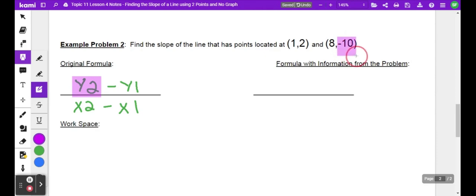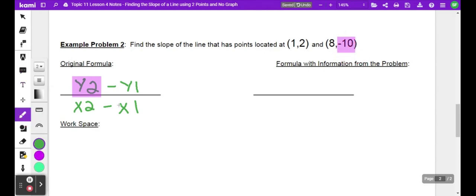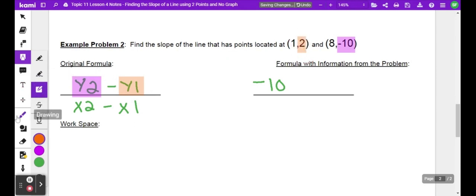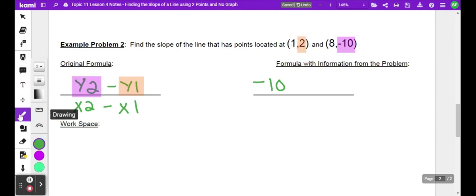And in this example, that value is going to be negative 10. y1 was in orange, and that was going to be the y coordinate from the first point. So that value is 2 in this example. So up top we have negative 10 minus 2.